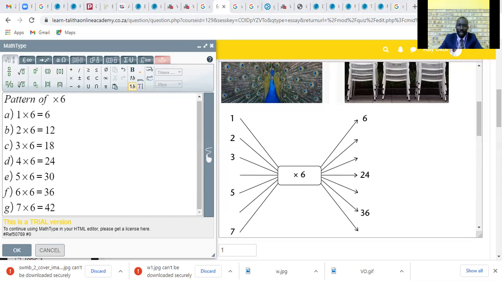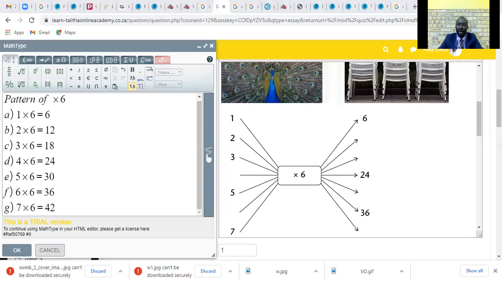We can predict what is going to come based on the rule we already know. You will also work with different representations of patterns, such as flow diagrams and tables. We will see all that in this chapter.